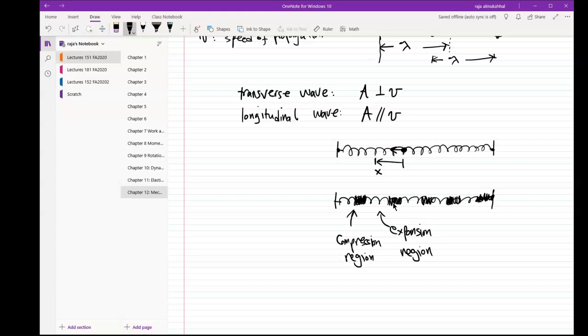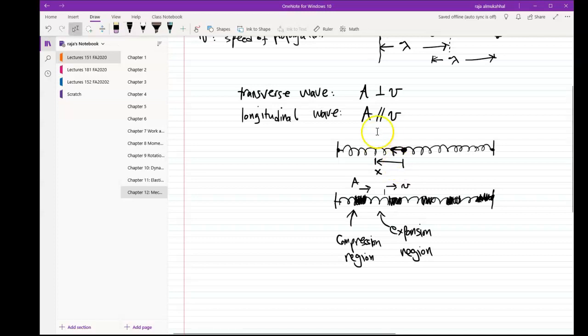So notice here that the amplitude of the wave, whether in the expansion region or in the compression region, is in this direction. This is the amplitude. And of course, the velocity is going to be in this direction or this direction. But basically, what we are looking at is that the velocity vector, let me just put one direction, and the amplitude will both be in the same direction.